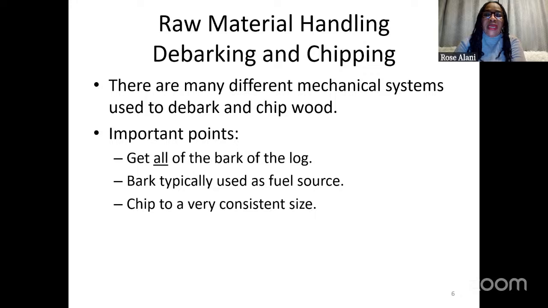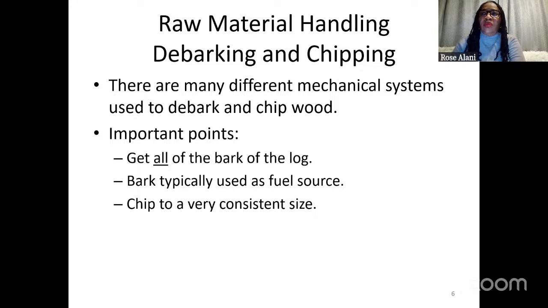So debarking is what we do, and chipping. From the name, debarking, you peel off the bark of the wood. There are many mechanical systems that can be used to debark the wood and also to chip the wood.